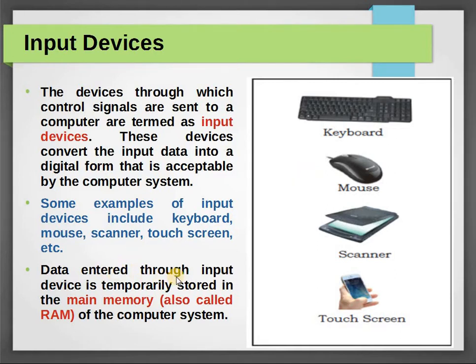Data entered through the input device is temporarily stored in the main memory, which is also called RAM of the computer system. We will study about this main memory or RAM just after some minutes in this session.